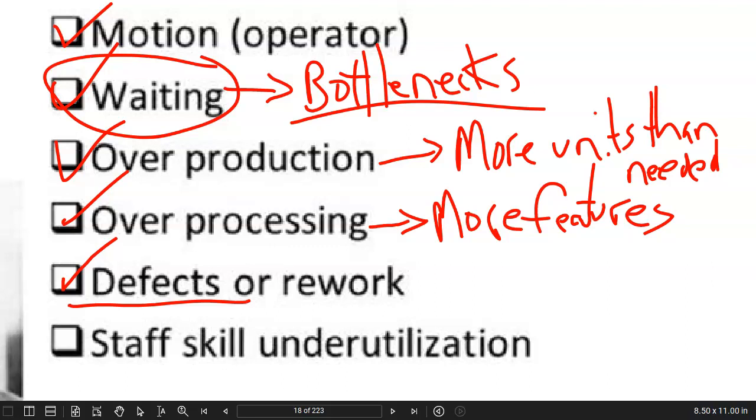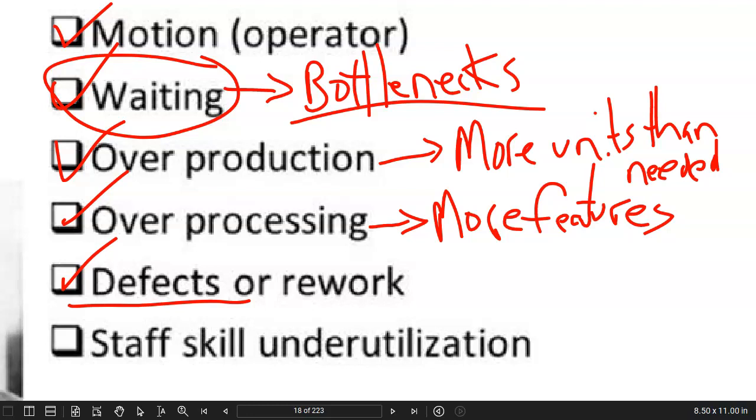Defect waste is about the phenomenon where, as we're building a product or subcomponent, the product doesn't meet the needs of our customer and we have to throw that product away, literally in the trash. That's an example of a defect waste. In many organizations, though, we do these inspections before we release the product to the customer to make sure that they aren't frustrated by a defective product.